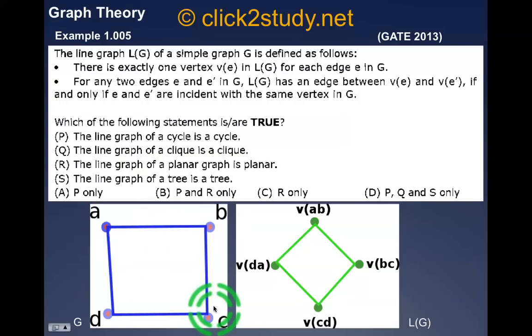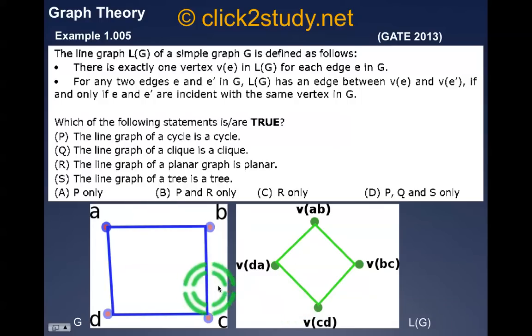If you take any two adjacent edges, they will be like this, and you will have a corresponding vertex for this edge like this, and a corresponding vertex for this edge like this, and then there will be an edge between them because of this common vertex. So you can do it for bigger cycles, and you will always get cycles.